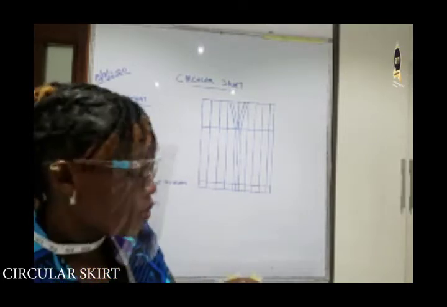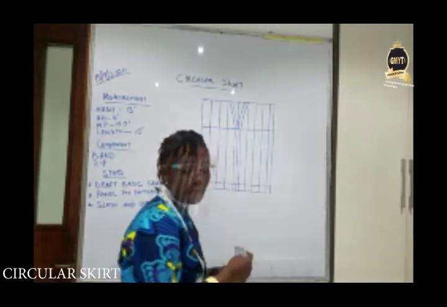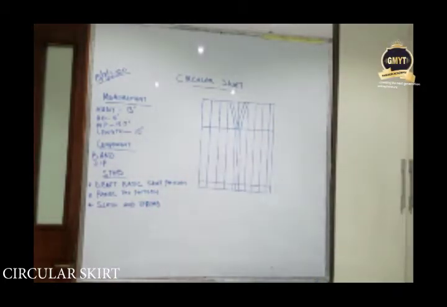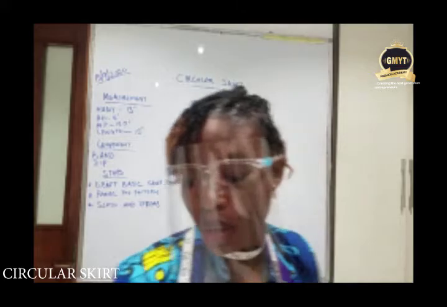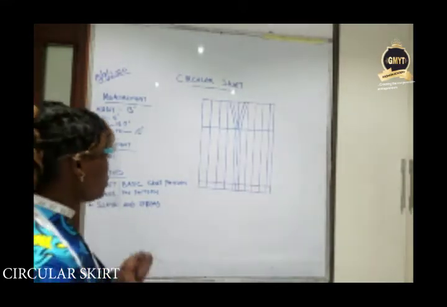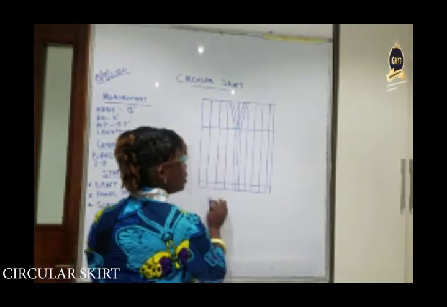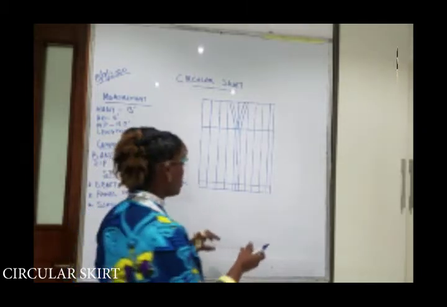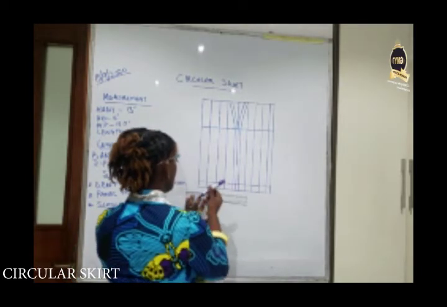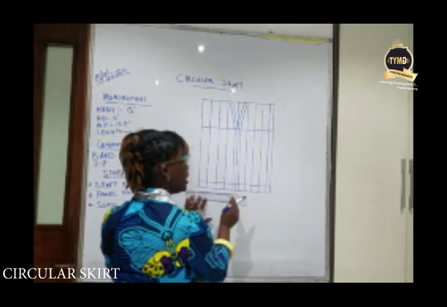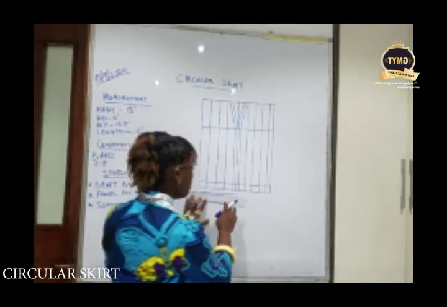To the tip as well. So right now I want to spread it on another paper. Let us assume this is my pattern paper, and this line is the edge of my pattern paper.